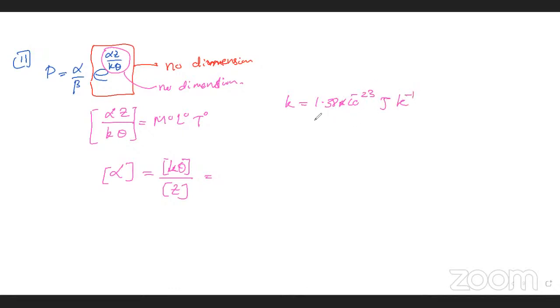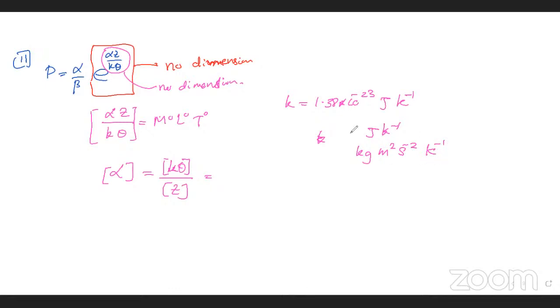So you can then find the dimension using these units. This is joules per Kelvin. You can write joule as kilogram square meter per square second, which are the base units of joule, and per Kelvin.